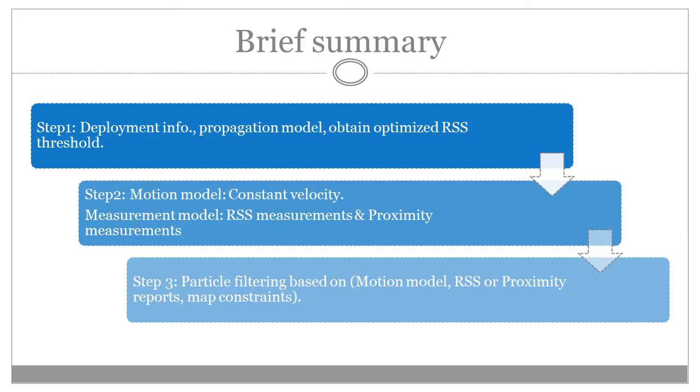Then, in the next step, the motion model has to be assumed, and the measurement model for both RSS and proximity reports needs to be defined. Finally, with all this information, the particle filtering algorithm for position estimation can be performed. So in the next slide, detailed descriptions of all these models will be introduced.